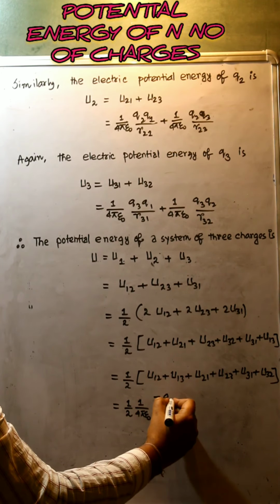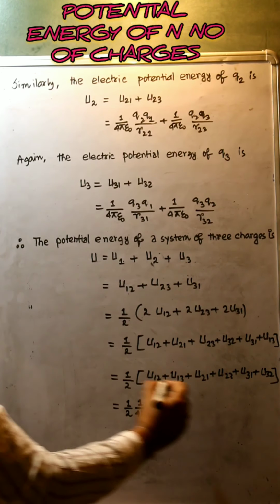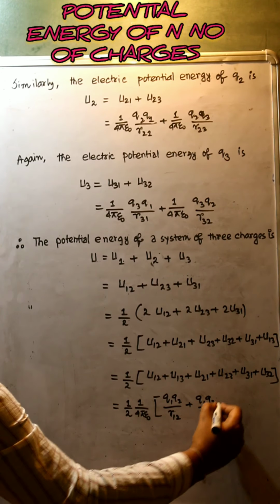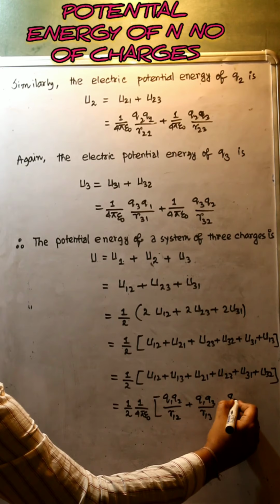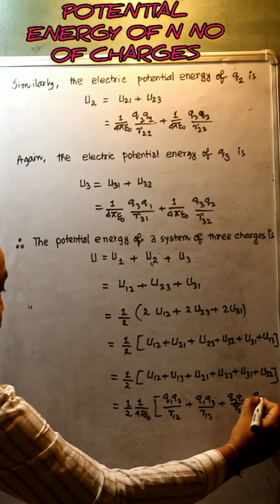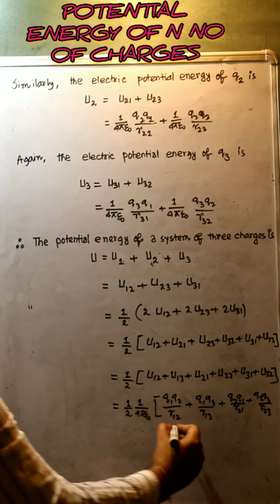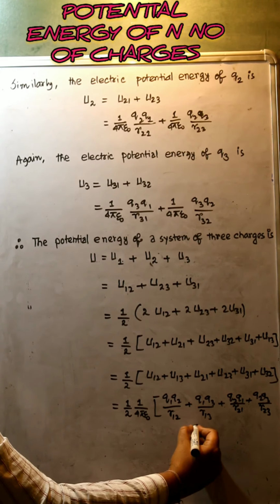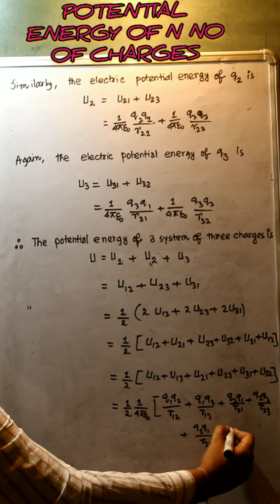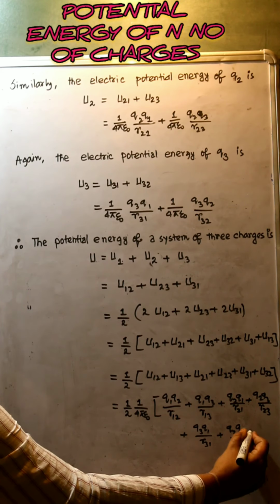Then we can write Q1 Q2 divided by R12 plus Q1 Q3 divided by R13 plus Q2 Q1 divided by R21 plus Q2 Q3 divided by R23 plus Q3 Q1 divided by R31 plus Q3 Q2 divided by R32.